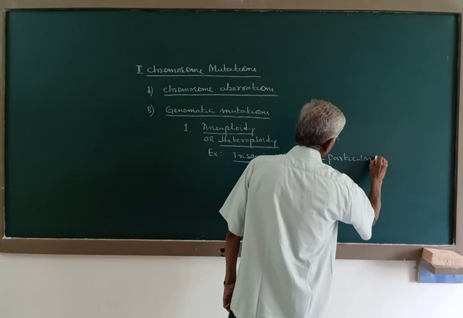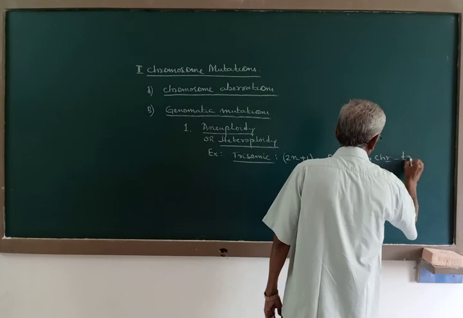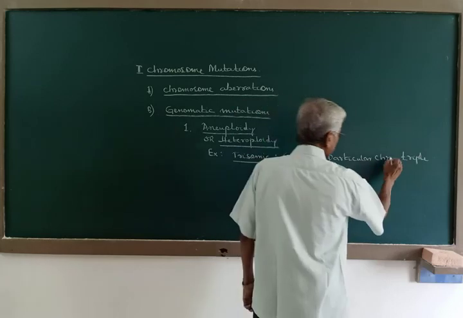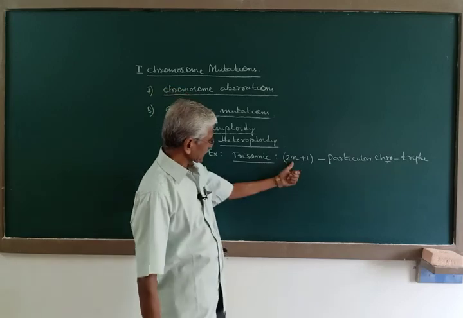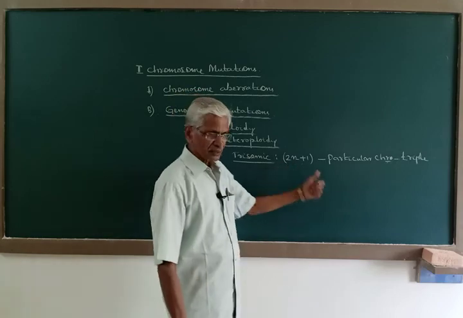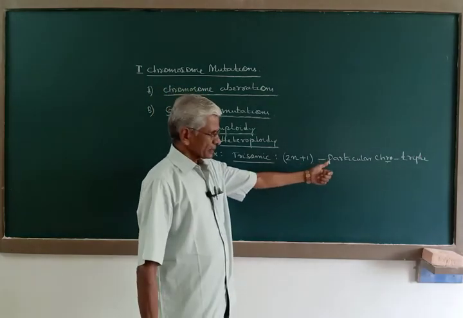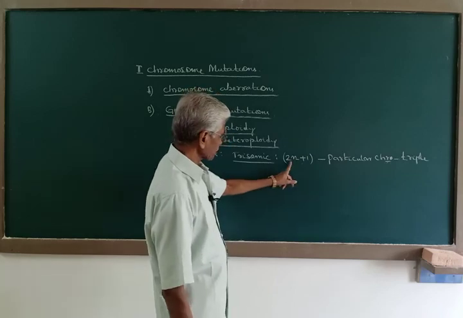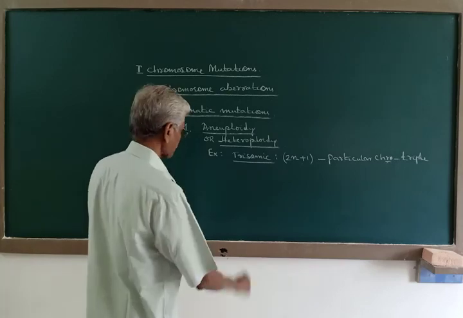A particular chromosome appears in 3 number, but usually in a diploid number, every type of chromosome should be present in 2 number, in pair. But instead of 2 chromosomes, there may be 3 chromosomes, so 1 extra chromosome. So that is 2n plus 1. This is called trisomic.